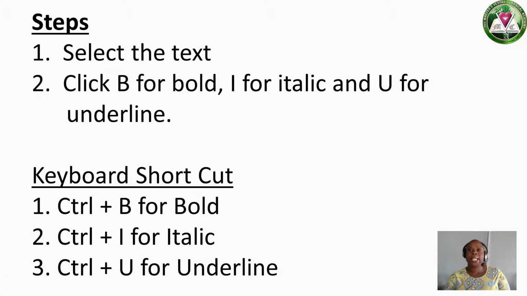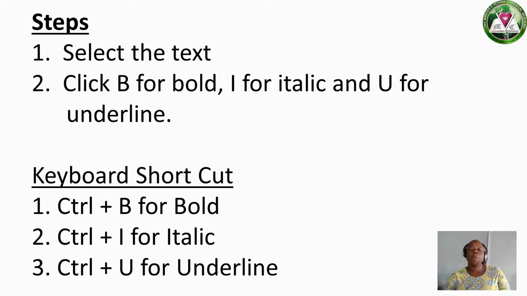When you have highlighted the text, you click on I. And you also see U, which means underline. When you have highlighted your text, you click U. B stands for bold, I stands for italics, U stands for underline. You must select the text you want to apply the command to.